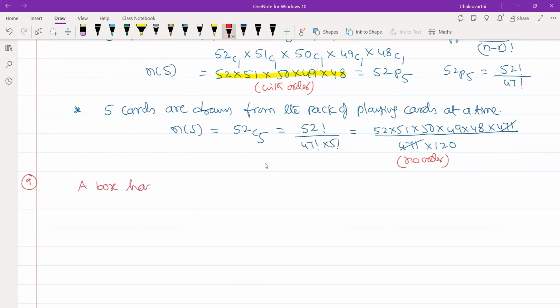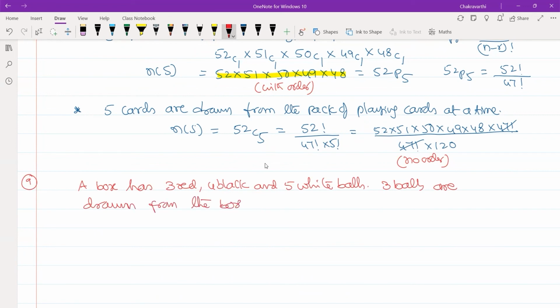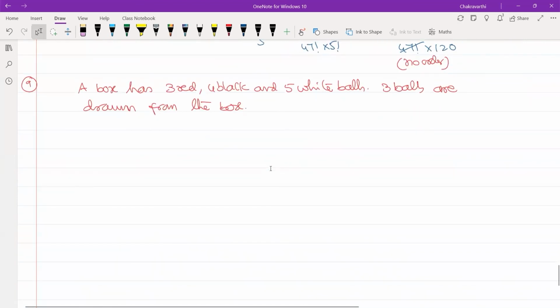A box has 3 red, 4 black, and 5 white balls. 3 balls are drawn from the box, by default without replacement.